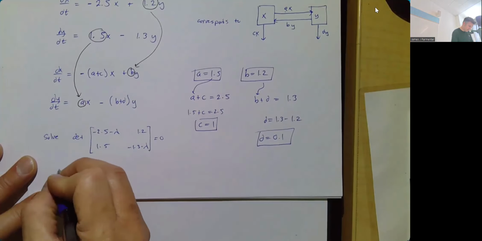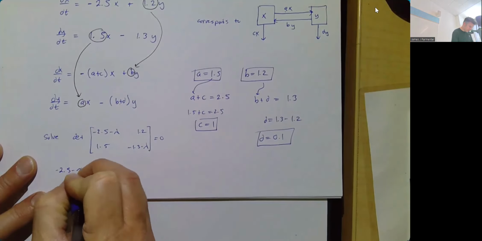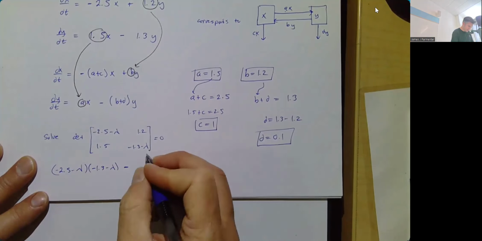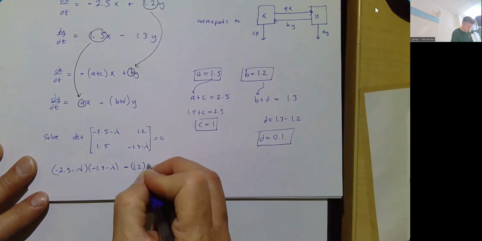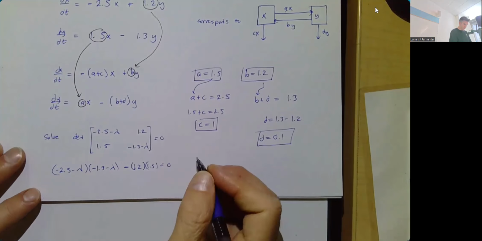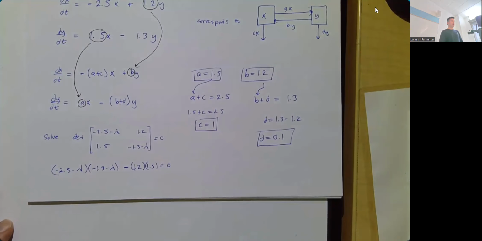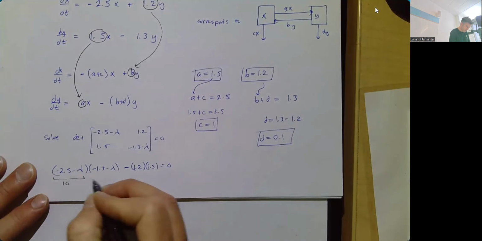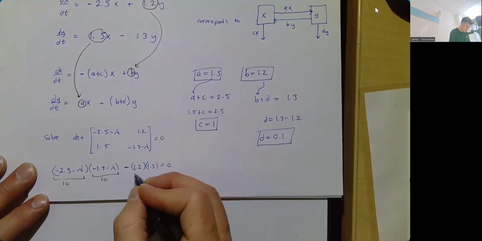I say, okay, I have negative 2.5 minus lambda times negative 1.3 minus lambda minus 1.2 times 1.5 equal to 0. And what I would probably actually do is multiply the entire equation by 10 twice. I would multiply this by 10 and this by 10.